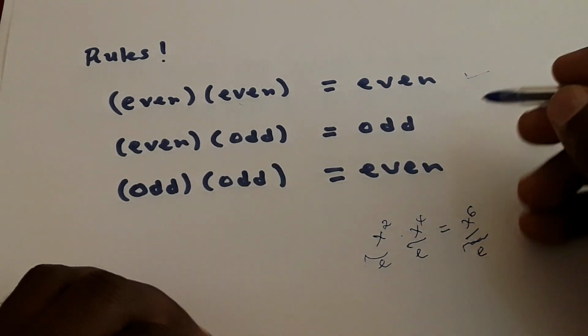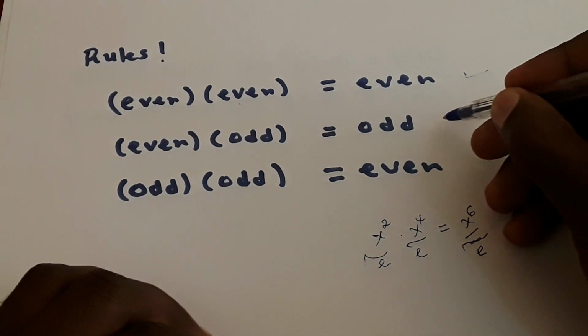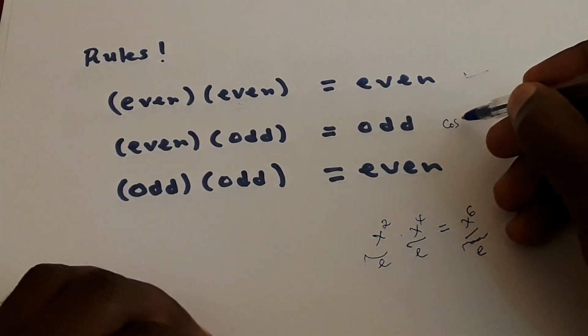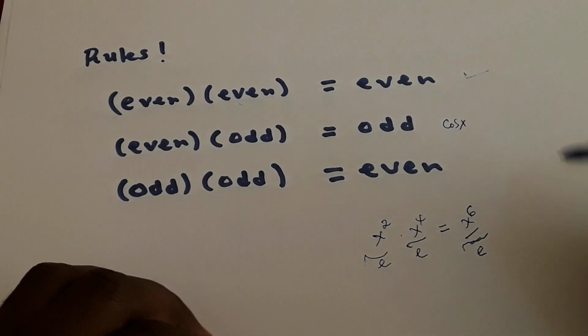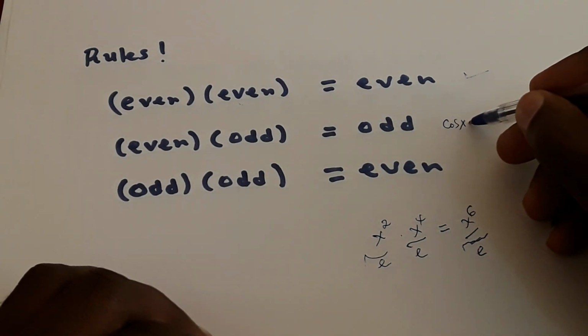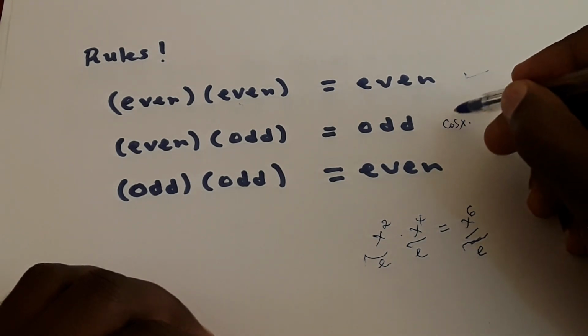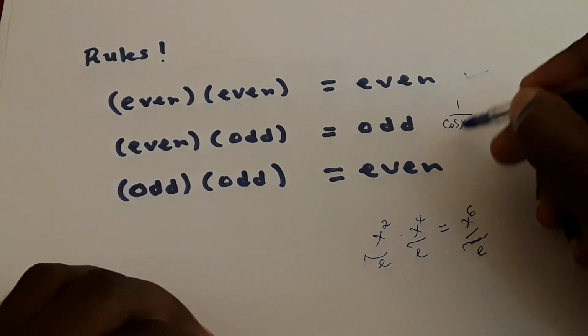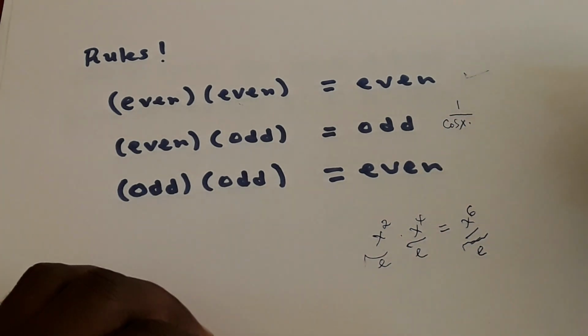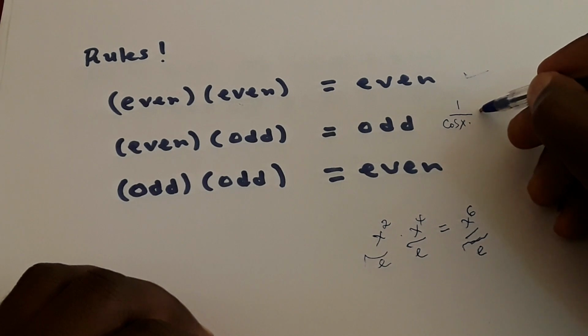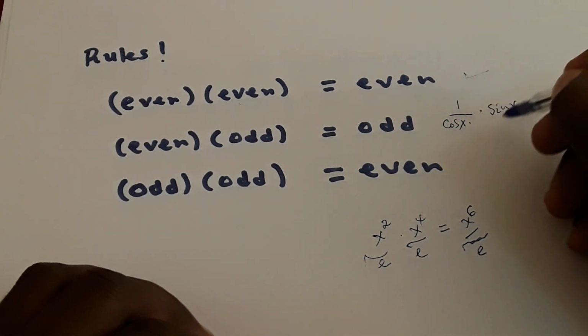Even times odd is odd. Let's say cos x is an even function, and 1 over cos x is also an even function, then times sine x, which is odd.